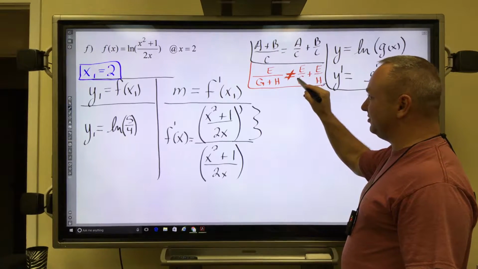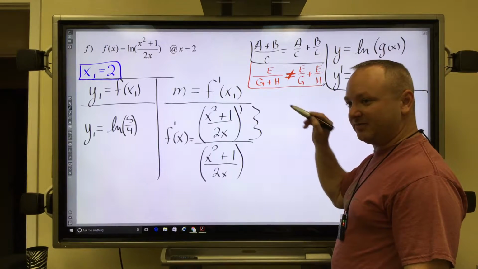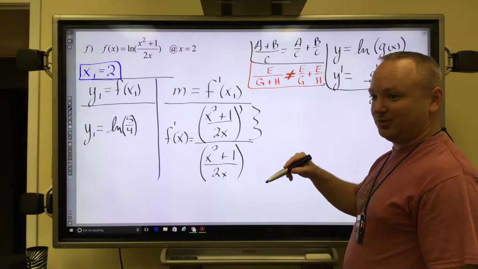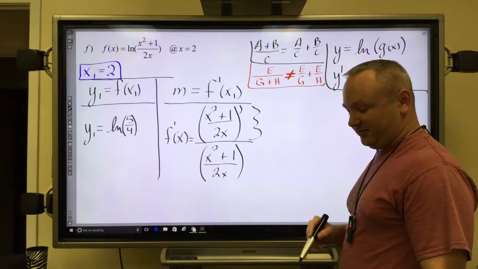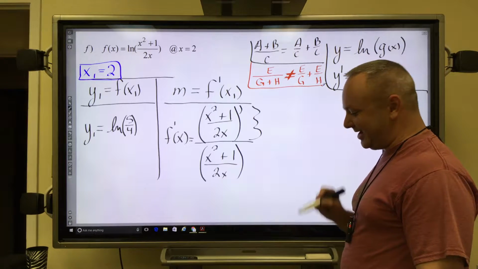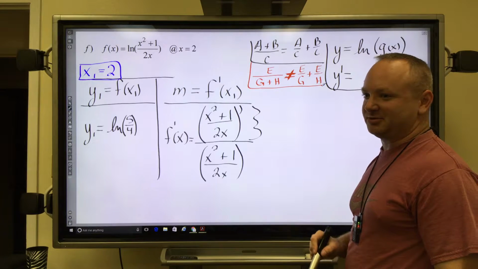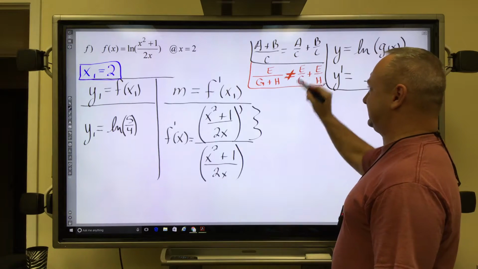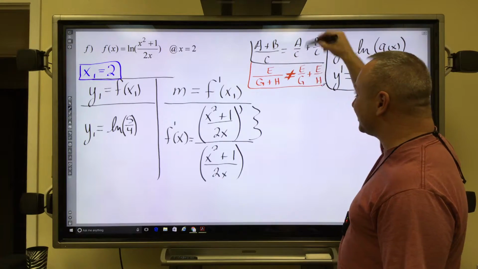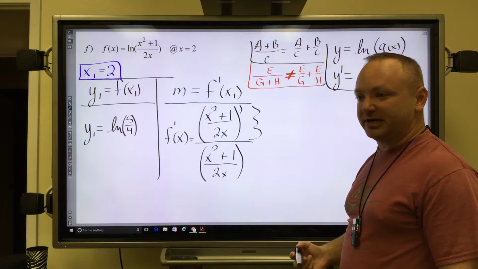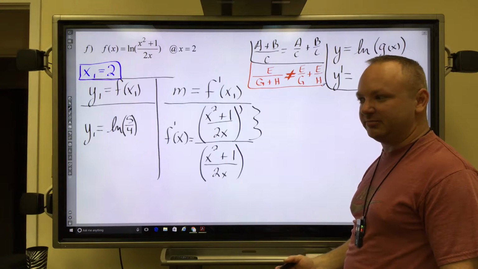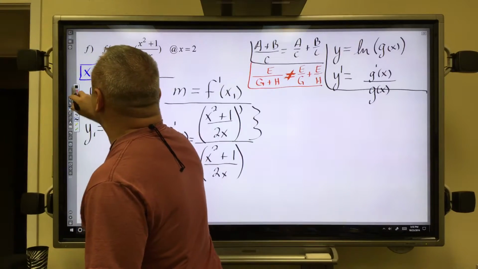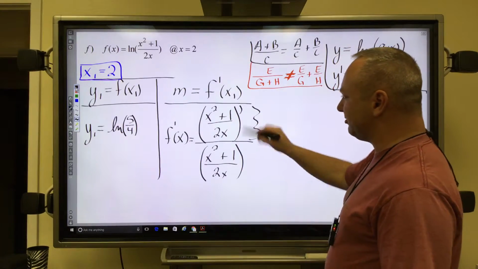Now, I remember this, and I never made that mistake because I put it just like this when I took this class a very long time ago. I wrote it like that in red on the top corner of one of my pieces of paper, and I was like, does not equal. This does not equal this. This works, but this doesn't. That was a mistake that I personally made, and so I know that most people would tend to make that mistake if you haven't seen it in a while. So just as a reminder, don't do that.